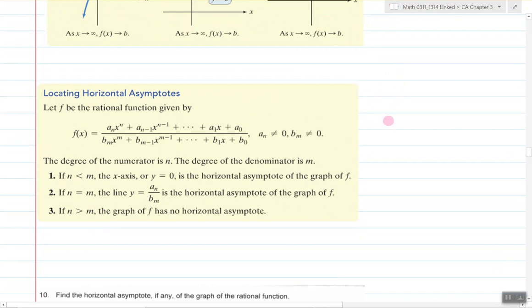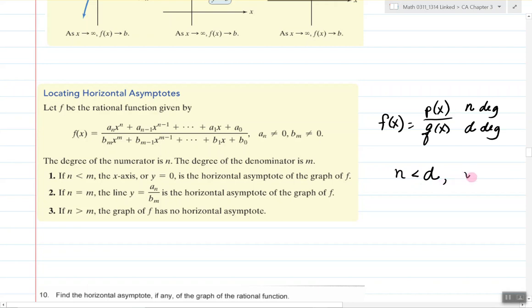I am going to say if you have f of x equal to p of x over q of x, n for numerator is the degree of the top, and d is the degree of the denominator. If n is less than d, then you have y equals 0 as the horizontal asymptote, abbreviated HA.